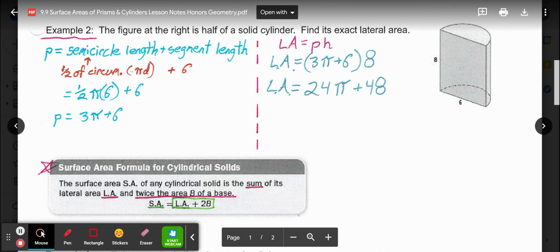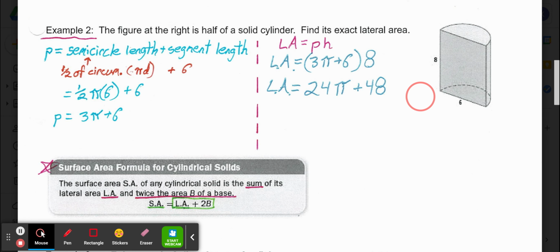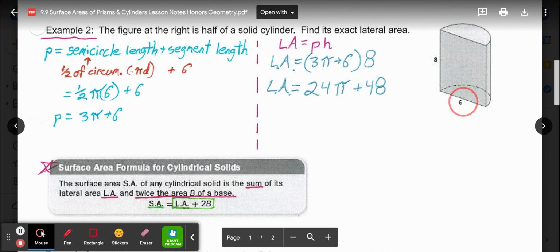So how do we find that semicircle? Well, that would be half the circumference if that was a full cylinder. And circumference is pi times diameter. We know the diameter is 6. So that semicircle would be half of pi times 6, and then we have that segment length added in there of 6.